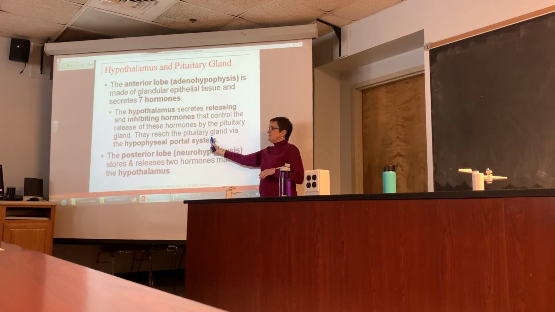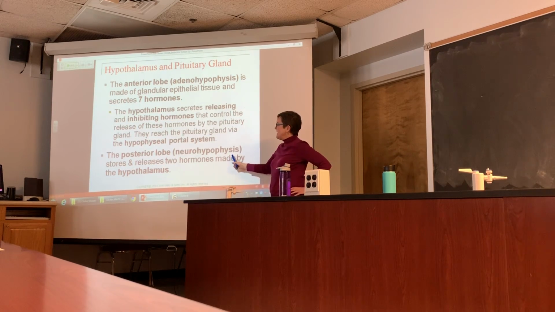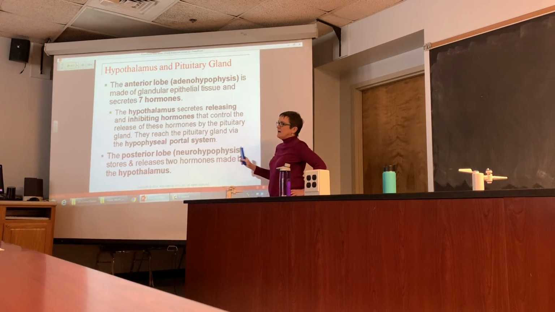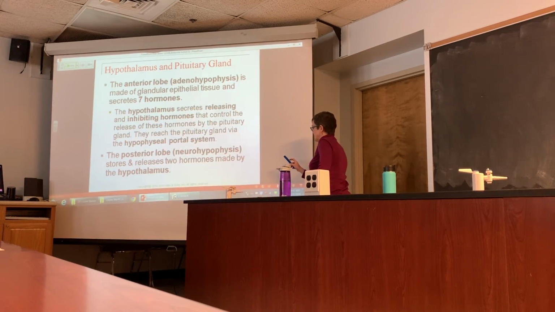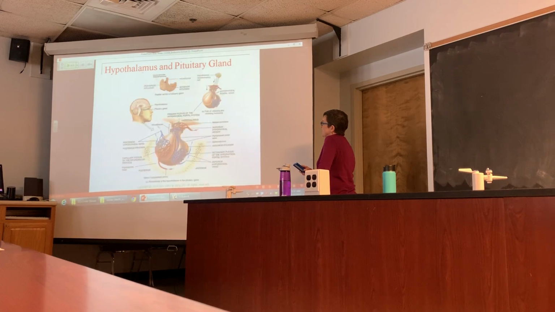This is where the hormones from the hypothalamus travel through this portal system. And then the posterior lobe, which is also called the neurohypophysis, stores and releases 2 hormones, which are actually synthesized by the hypothalamus. So we're going to focus on the anterior lobe first, posterior lobe second.